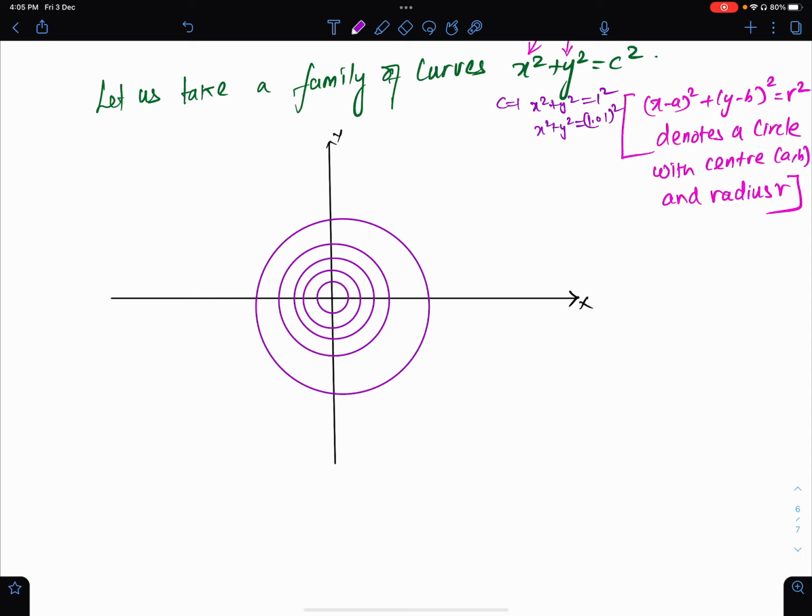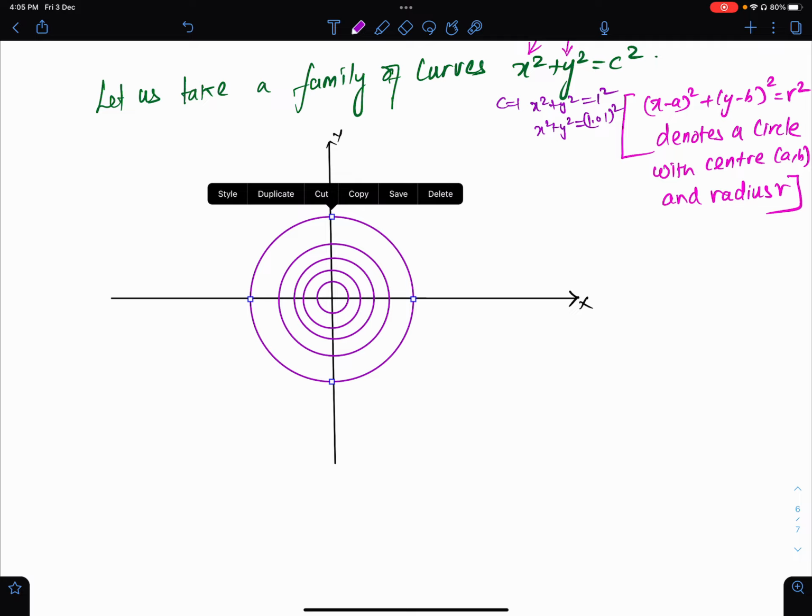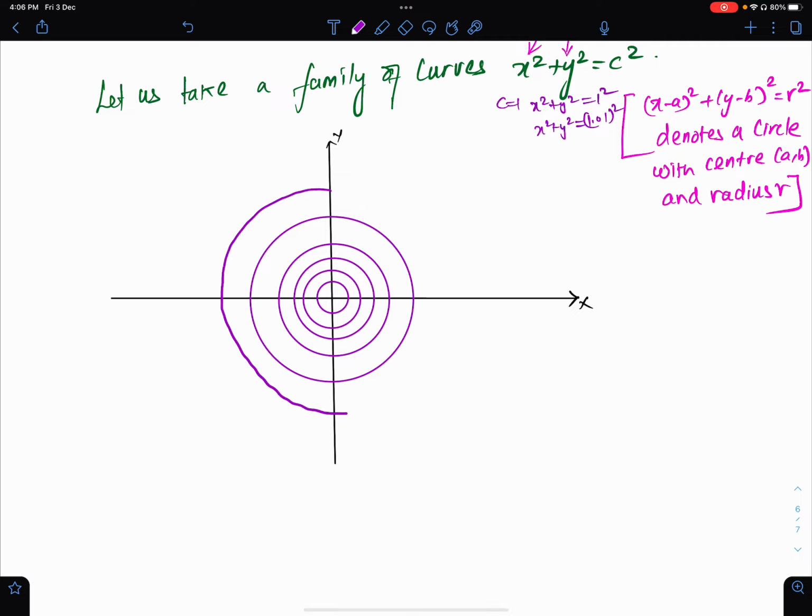But my circle is not that good. I am trying to make it using the software.